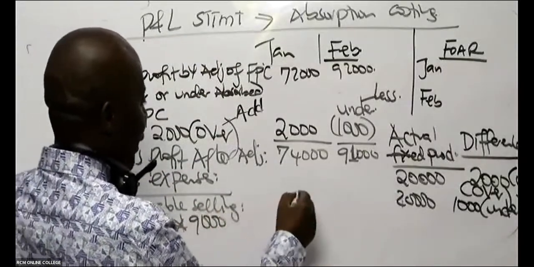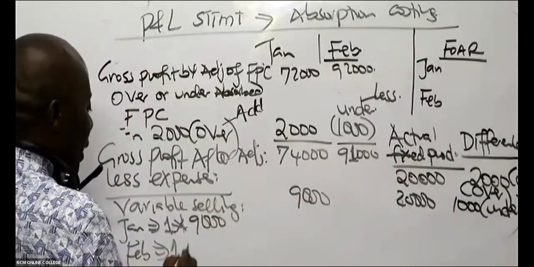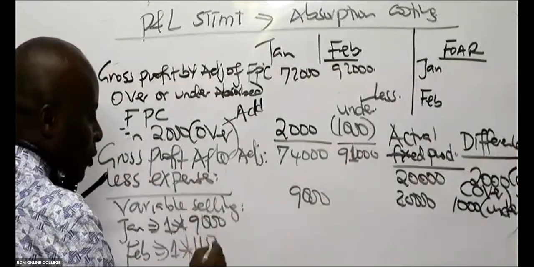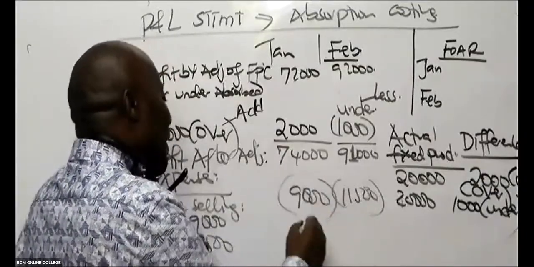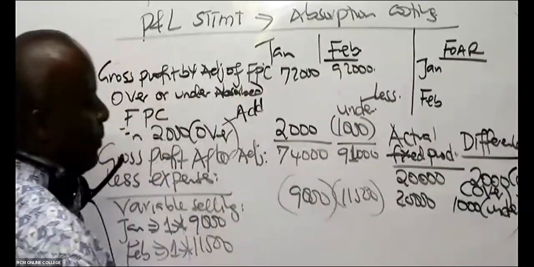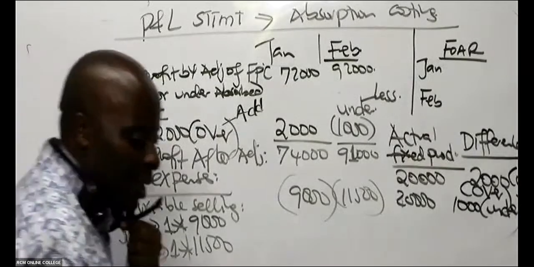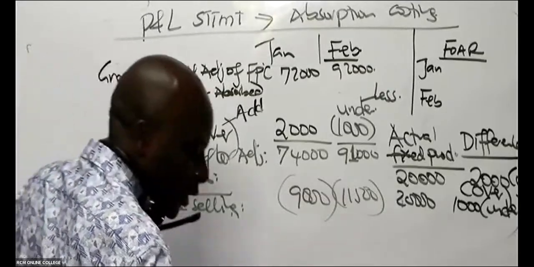So then this will give me 9,000, isn't it? And then February, it will be still 1 times how many units do we sell in February? 11,500, which gives me 11,500. These are expenses. Don't again start arguing like, should I subtract? Expenses are always subtracted. After that, we have in this case here, our fixed what now? Selling.